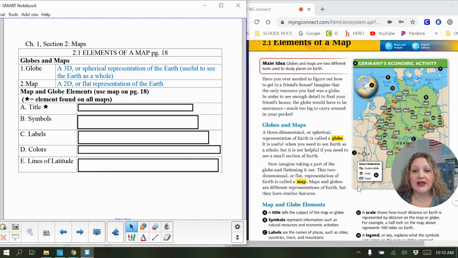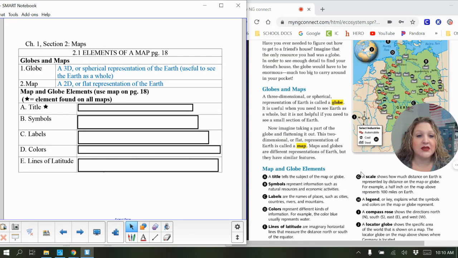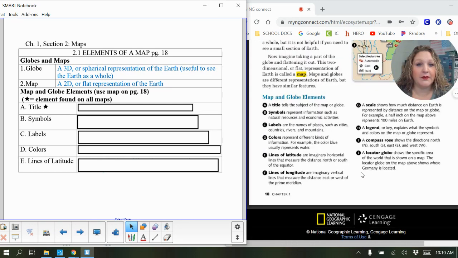So our next heading is map and globe elements. So we're going to use this page, map and globe elements, to get the information that we need. Now notice that I put a star, and that star equals an element that is found on all maps. We have 4 elements that are found on all maps, or at least they should be on all maps.